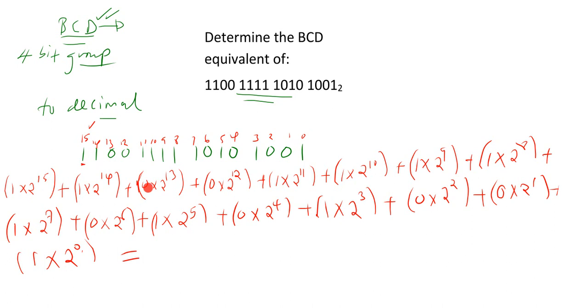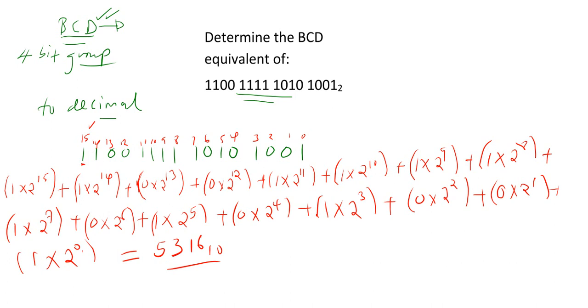Remember that 0 multiplying 2 to any power will give us 0. When you do all that, you get a decimal number which is 5316 base 10.